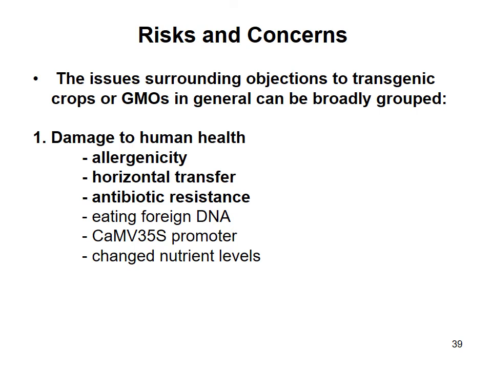Transfer of a resistance gene from transgenic food to microorganisms that normally inhabit our stomach and intestines, or transfer of resistance genes to bacteria that we ingest along with food, could help those microorganisms to survive an oral dose of antibiotic medicine during an infection. Now, although horizontal transfer of DNA does occur under natural circumstances and under lab conditions, it's actually quite rare in the acid environment of the human stomach.